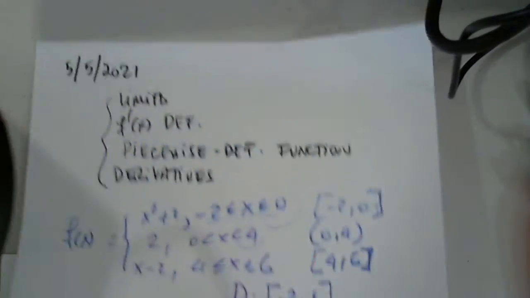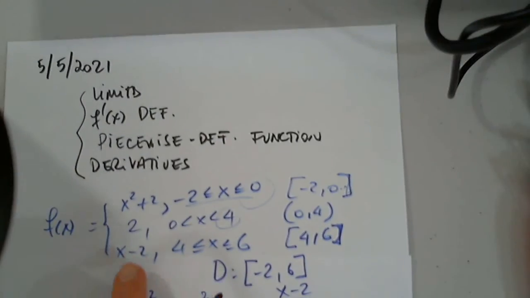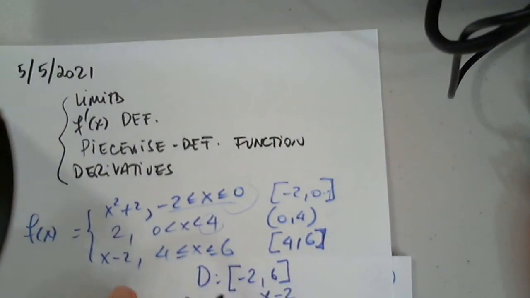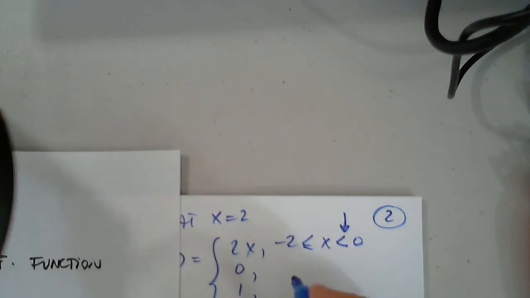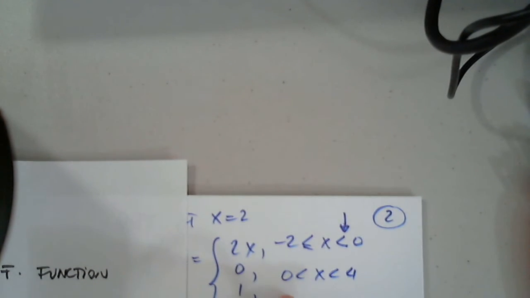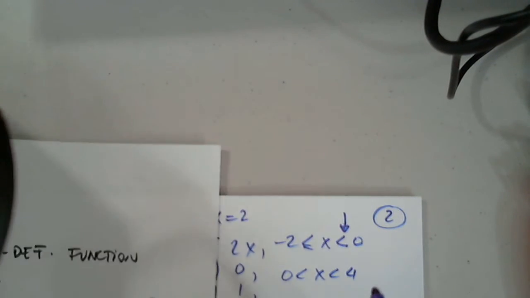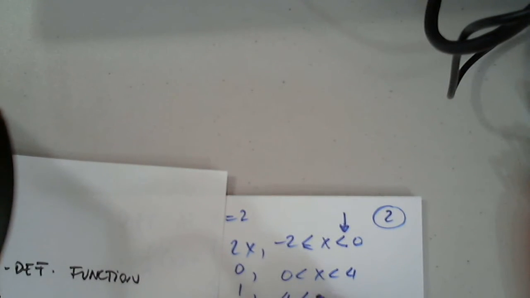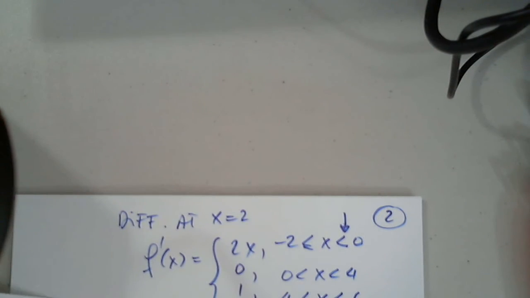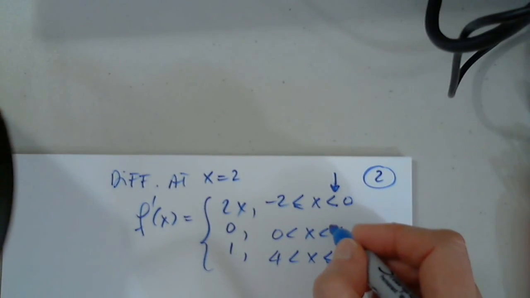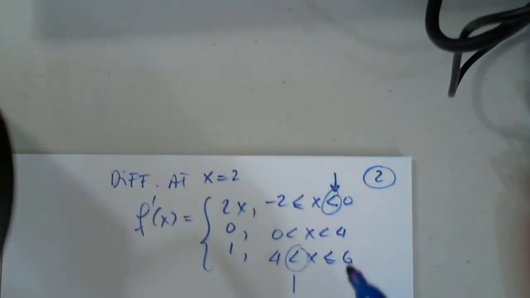And now we know, very easy for us now, 2x, 0, and 1. And this is for -2 less than x less than 0. I cannot put the equal symbol here. This is for x between 0 and 4, and this is for 4 less than x less than or equal to 6. I don't know what happens here and here, right?